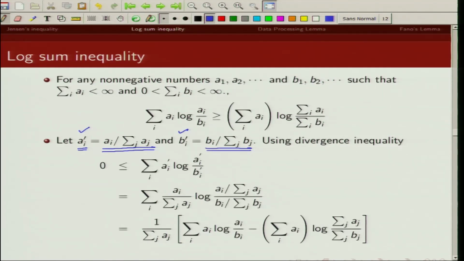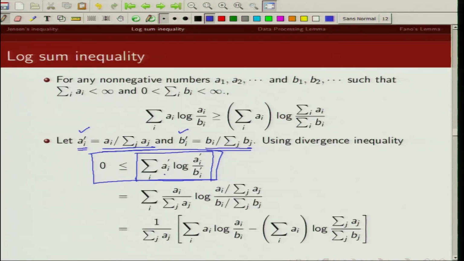So divergence between ai dash and bi dash would be greater than or equal to 0. So this we are writing it here. This is the expression for divergence between ai dash and bi dash, and we know that this divergence is greater than or equal to 0. This we have proved in the earlier lectures.